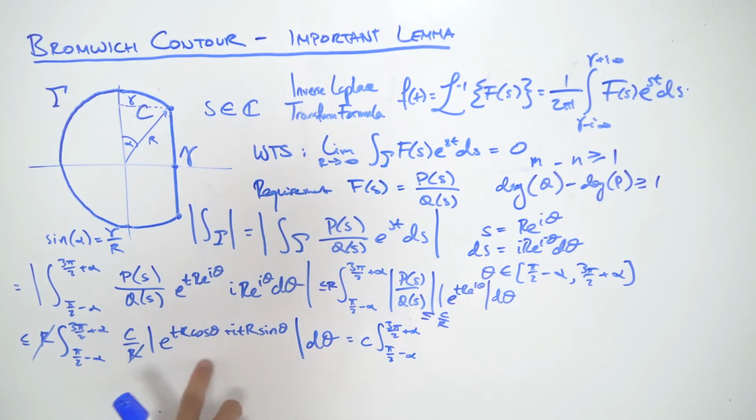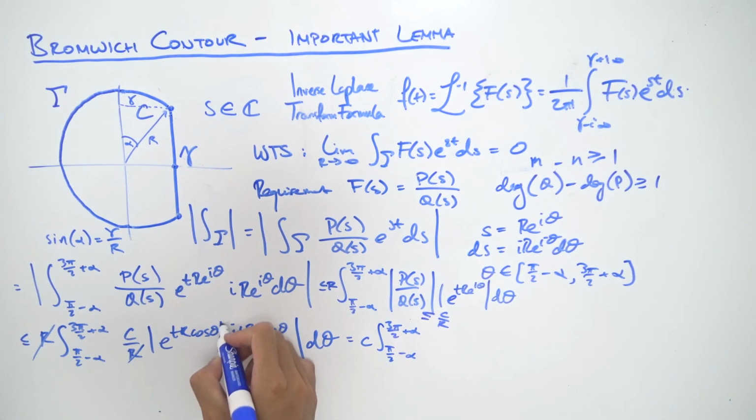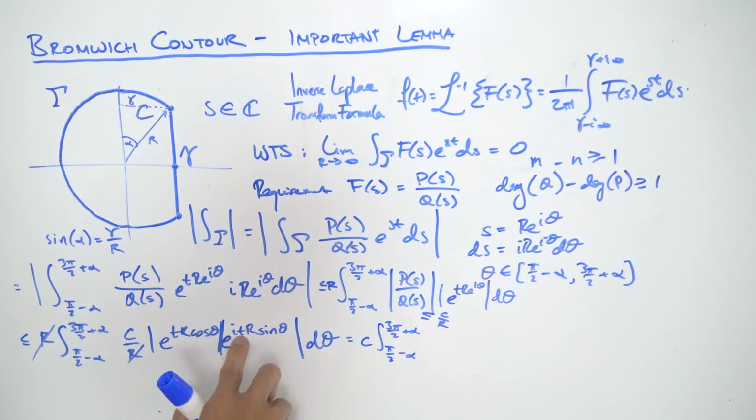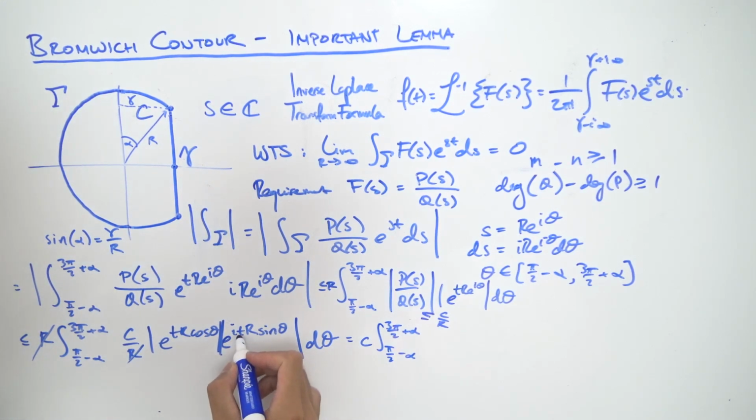But notice we can split the exponential function up a little bit using some exponential properties like so. And also we can split the absolute value across this product. So we get the absolute value of both products like so. And notice over here, t is a real number, r is a real number, sine of theta, since theta is on a real interval, it's also real. So all of this stuff over here is real.